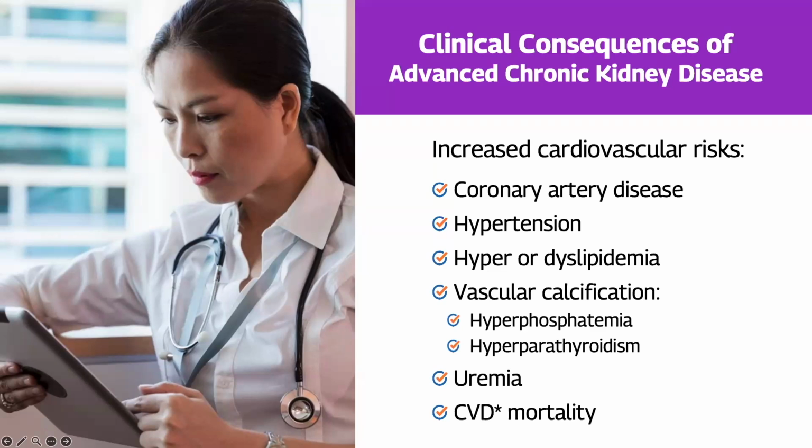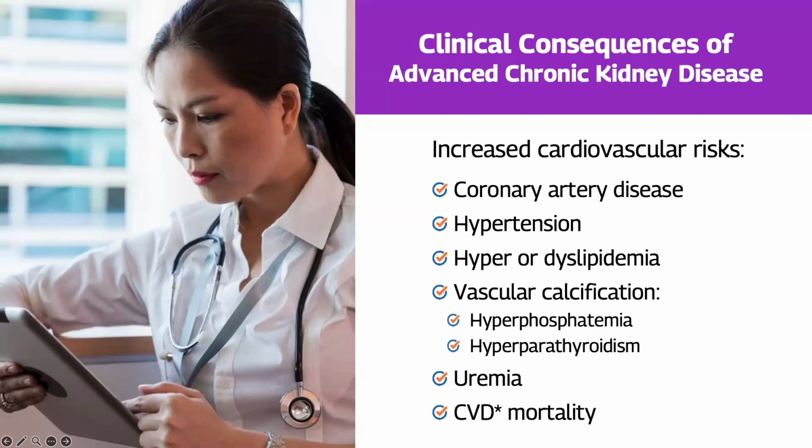Hyperphosphatemia, elevated calcium and phosphorus products, and hyperparathyroidism have also been associated with cardiovascular disease risk and mortality in advanced CKD, particularly in the form of vascular calcification.